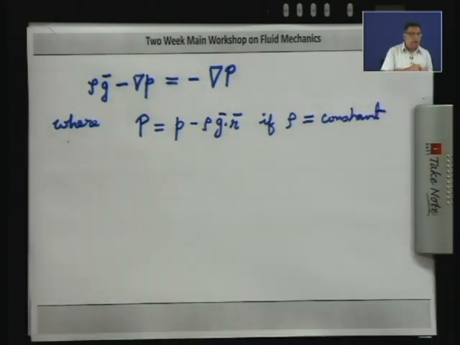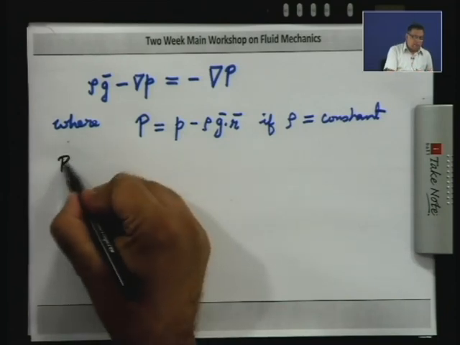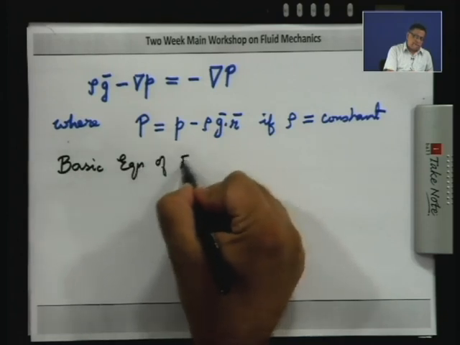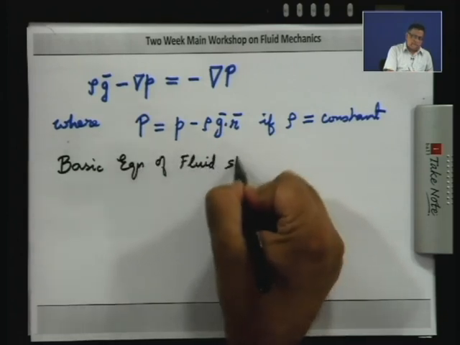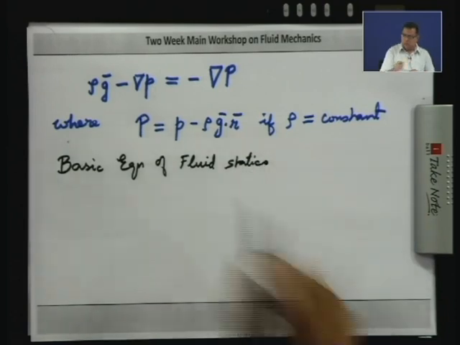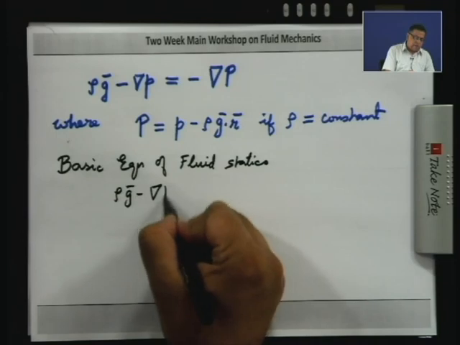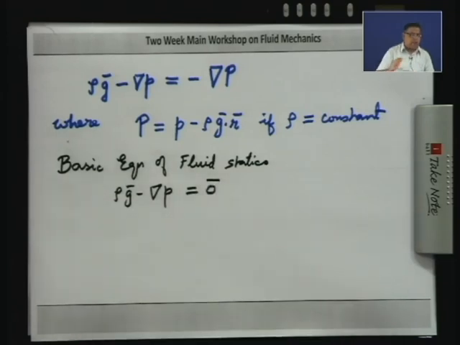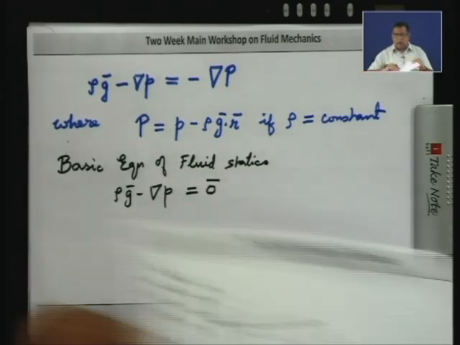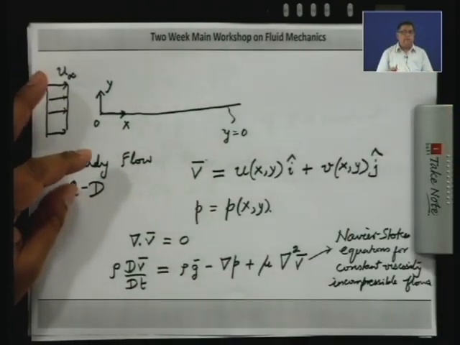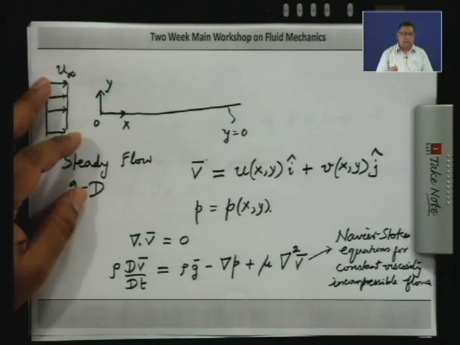Now, you may recall at this stage the basic equation of fluid statics, which is rho g minus grad p equal to the 0 vector. You may recall that I had mentioned earlier that the basic equation of fluid statics is a special case of the Navier-Stokes equations for cases where the velocity is 0 at all points and all times.